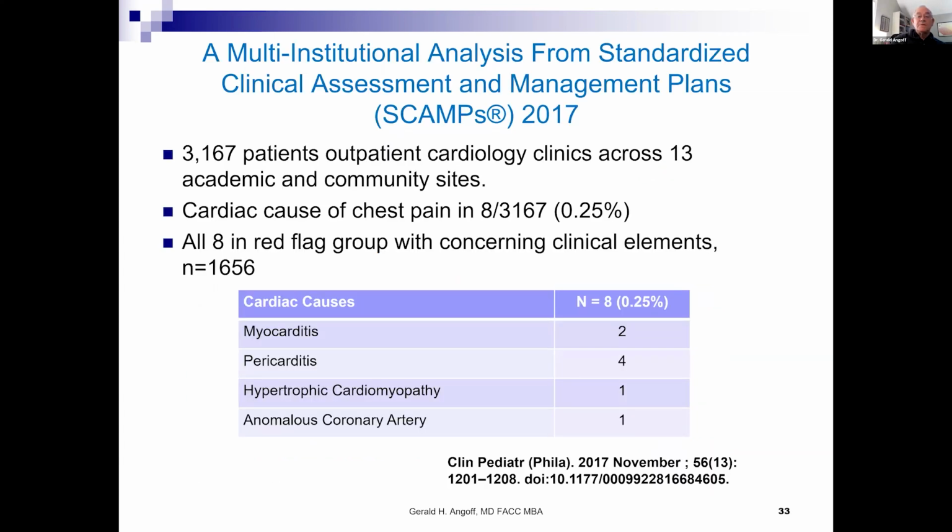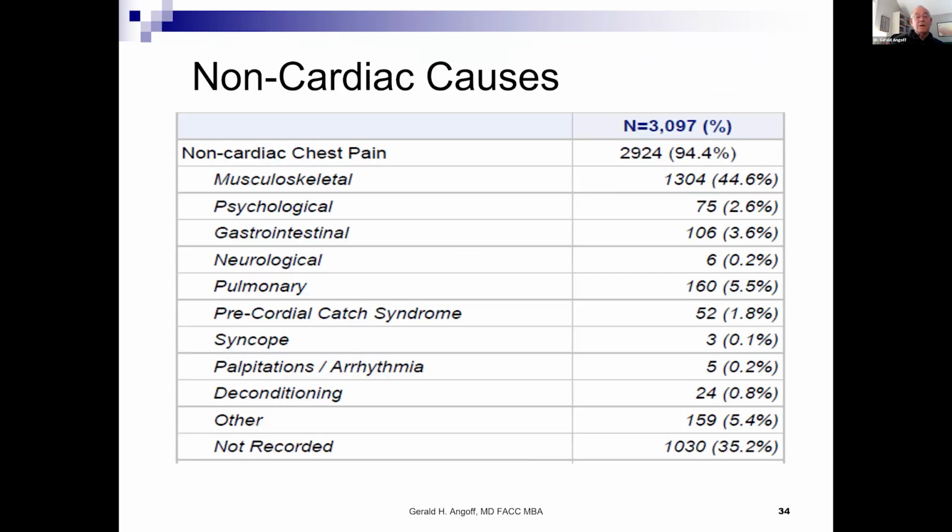A further extension of that study, now over 3,000 patients, showed pretty much the same findings, in that the abnormalities here were just 0.25% in the study: myocarditis, pericarditis, hypertrophic cardiomyopathy, and one anomalous coronary artery. Pretty much the same conditions. What about the non-cardiac causes in the series?